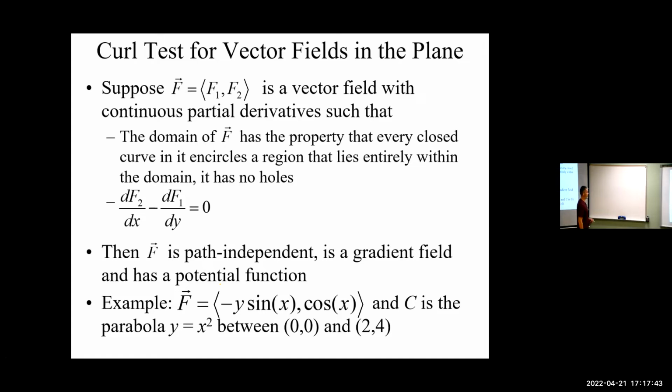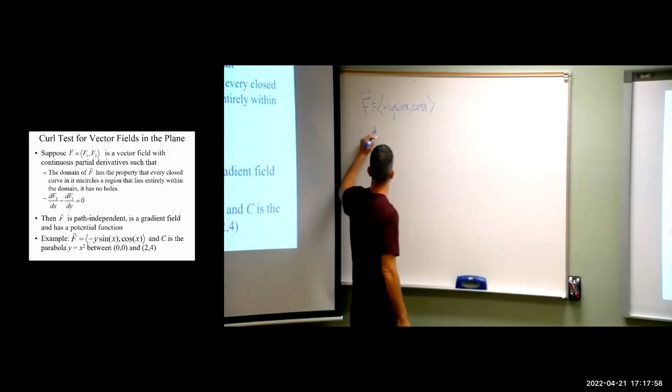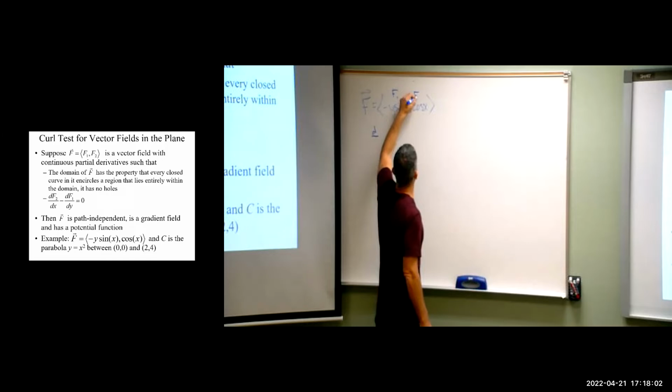All right, so here's what we do in practice. We've got a vector field of negative y sine x, cosine x. First thing we do is we run the curl test. So that means we do the derivative. This is our f1, this is our f2.